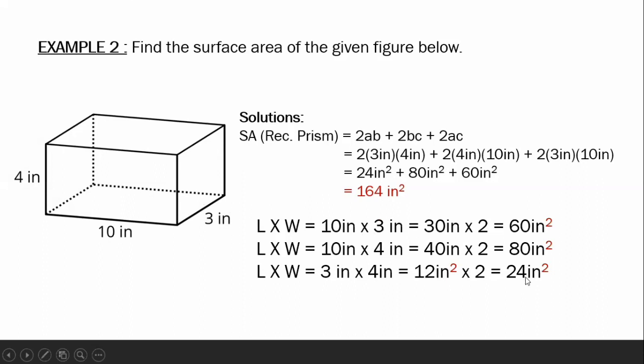If we add all the areas that we got, the result is still 164 inches squared. So that is what is meant by surface area. We just simply add all the areas of the surfaces of a certain prism or object. I hope it's clear to you.